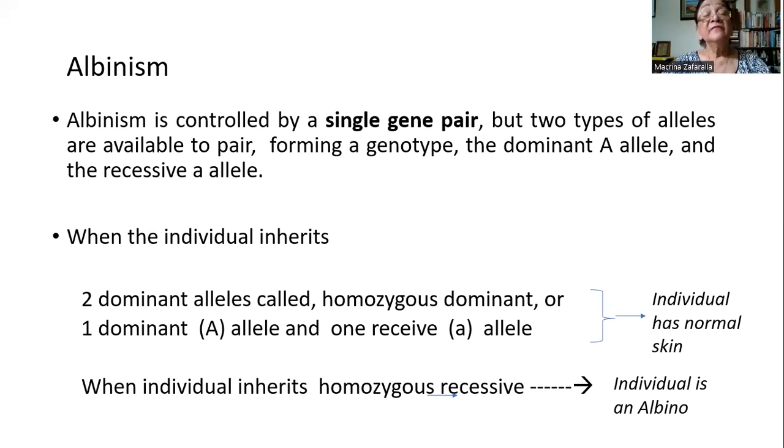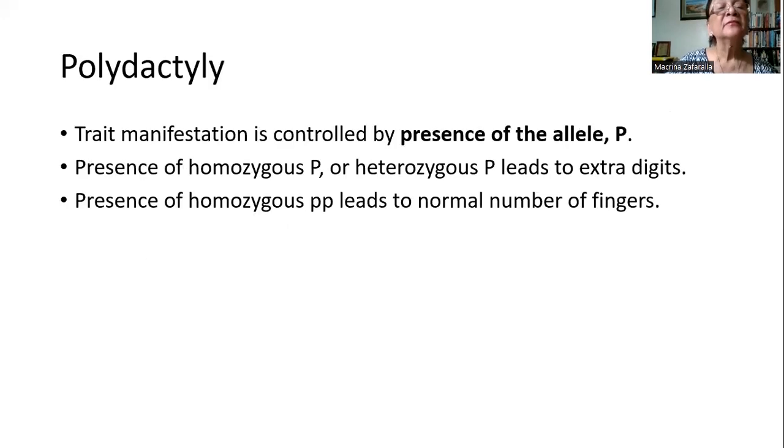Now, when the individual inherits two dominant alleles, called homozygous dominant, or one dominant allele and one recessive allele, the individual has normal skin. But when the individual inherits homozygous recessive, then the individual is an albino.